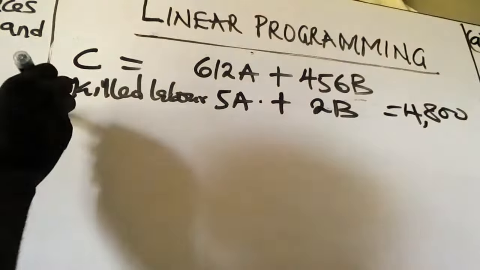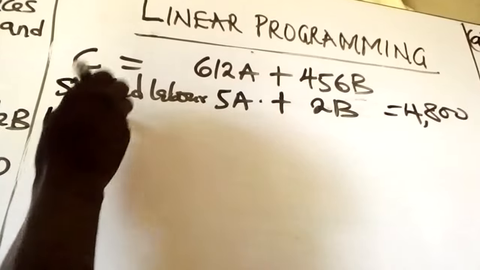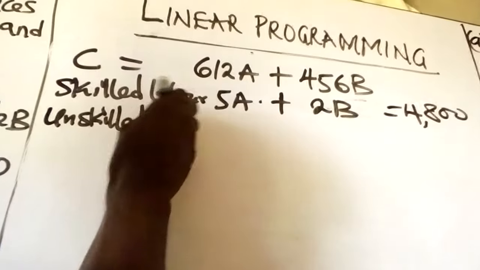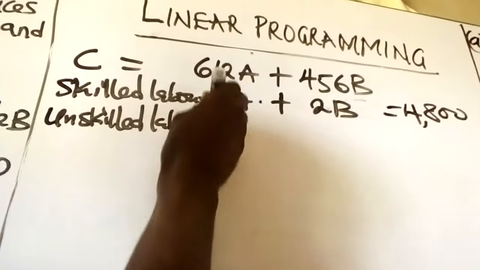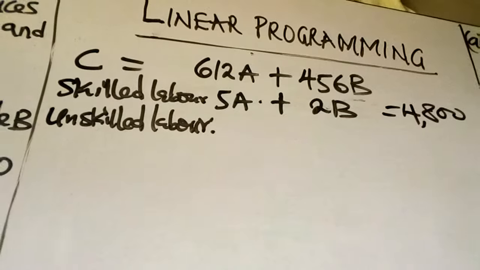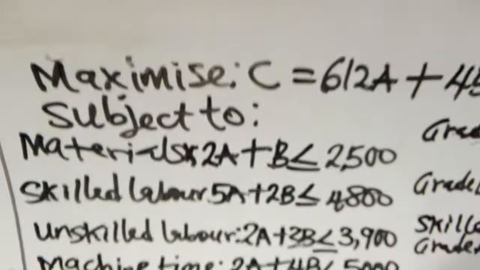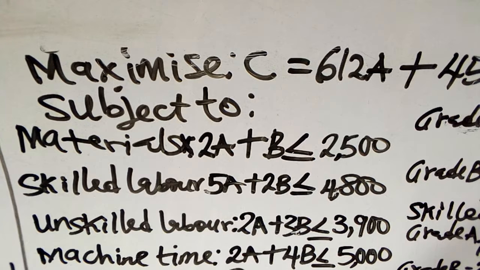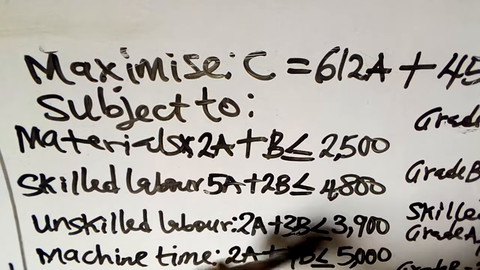Then unskilled labor. You have been told that the binding constraints are skilled and unskilled labor. For unskilled labor, we have 2A plus 3B equal to 3,900.